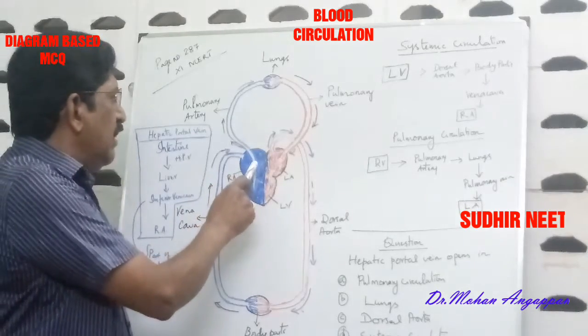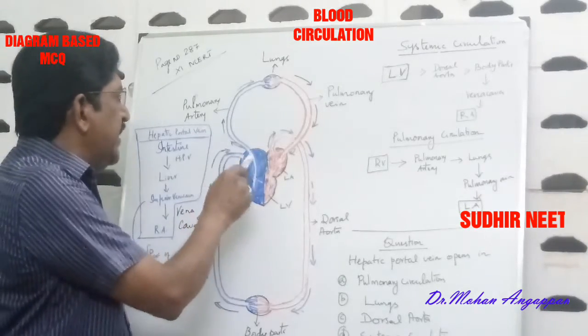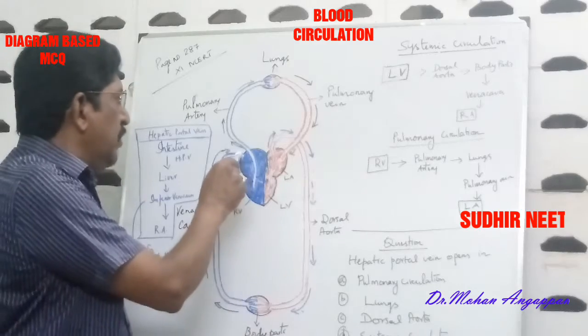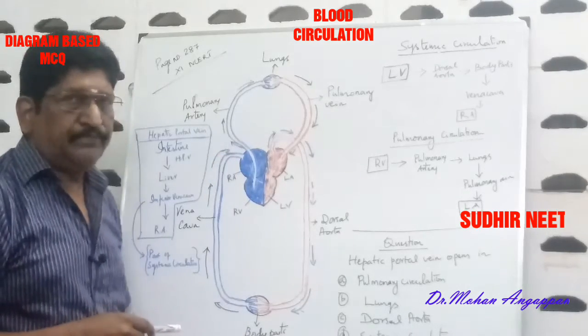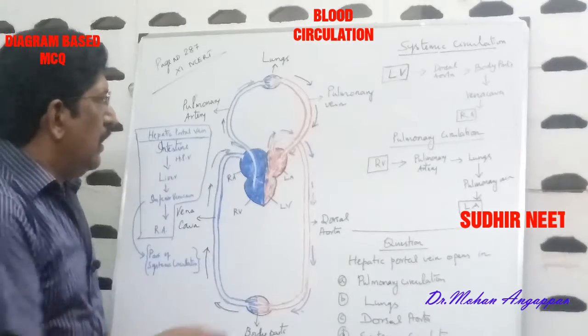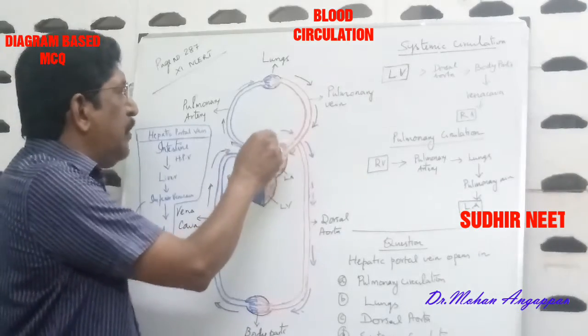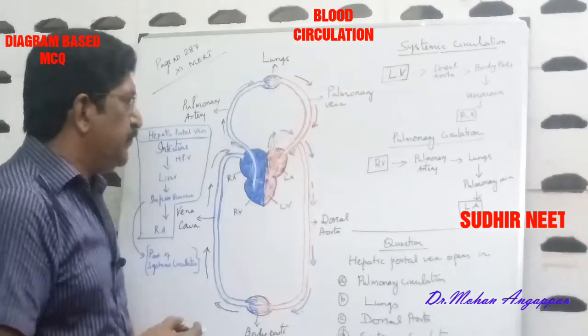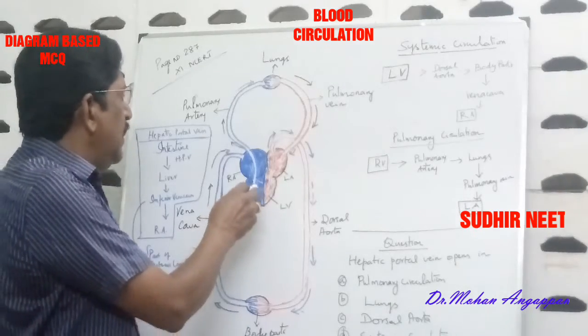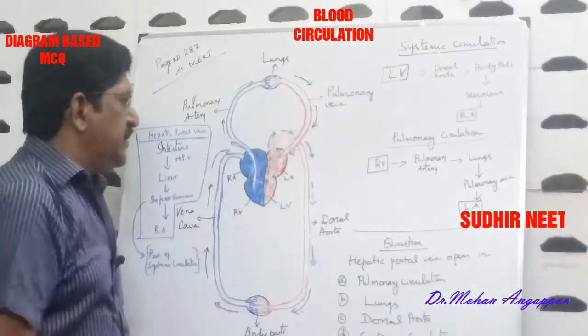Now I'll tell you the blood vessels, incoming and outgoing blood vessels from the heart. To the right atrium, inferior and superior vena cava open. To the left atrium, 4 pulmonary veins open. From the right ventricle, pulmonary artery arises.